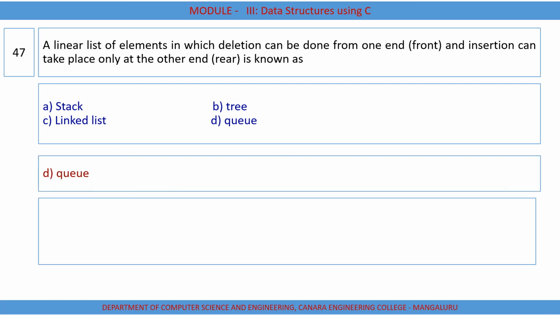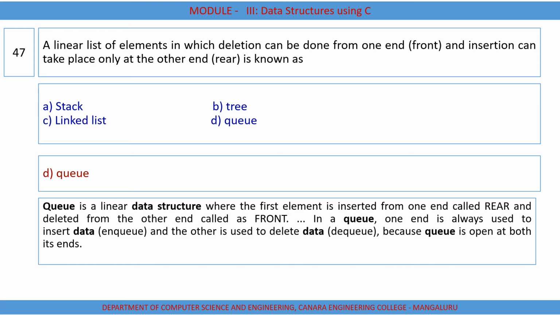The answer is queue, that is D. Queue is a linear data structure where the first element is inserted from one end called rear and the other end called front. In a queue, one end is always used to insert data, that is enqueue, and the other is used to delete data, because a queue is open at both its ends.